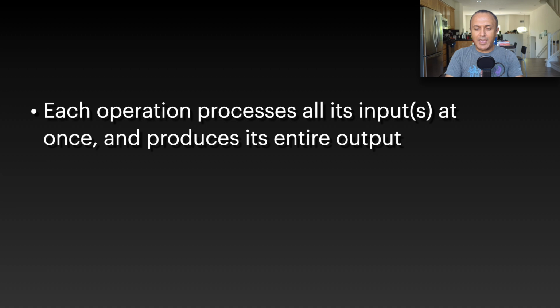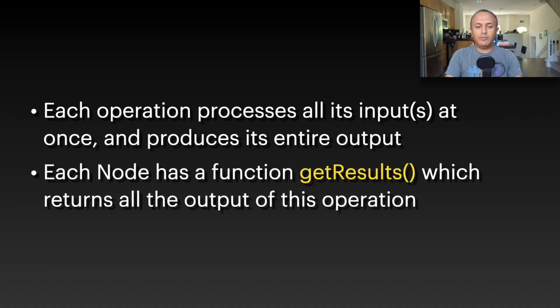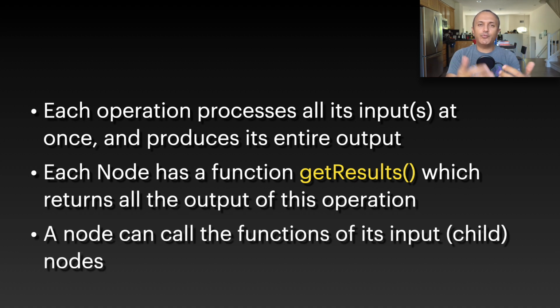For that to happen, each node has a function, let's call it getResults, which returns all the results from that operation. As we said, all of the nodes need to have the same API. In this case, the API is the function getResults. Each operation needs to support that function. And of course, for a node to produce its own outputs, it needs to get the data.